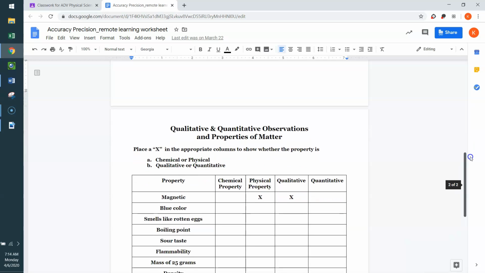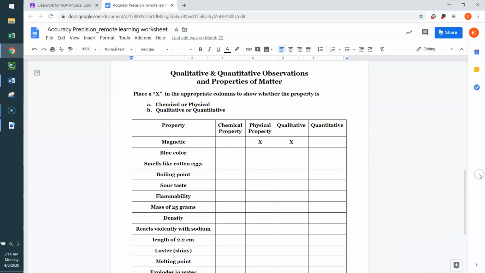The second page had you looking at two different aspects of properties. The first was whether or not it represented a chemical or physical property. The second thing you had to do was figure out if that property represented a qualitative or quantitative observation.